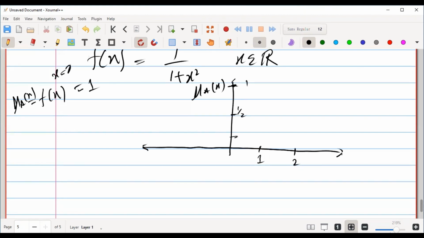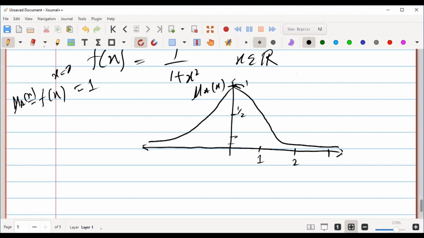If x is equal to 3, its value is 1 upon 10. And the graph of 1 upon 1 plus x square looks like this. And if x is equal to -1, it is also 1 upon 2. And this is the graph of the function 1 divided by 1 plus x square.